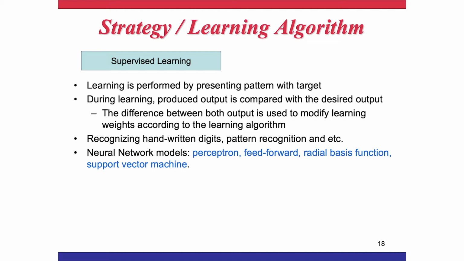When we say supervised learning, we try to have data which is already labeled, which means that we use a set of input data for which the output is already known to us, and we train the network so that the difference between the output generated by the network and the known output is minimized in each iteration, and that way we reduce the error, or rather we assign the weights appropriately for this neural network.